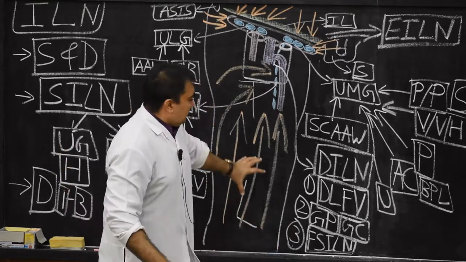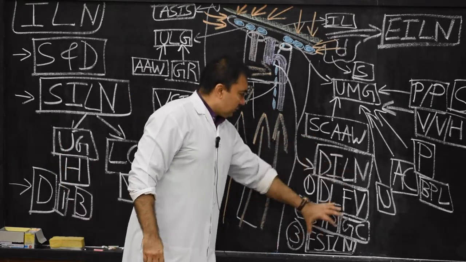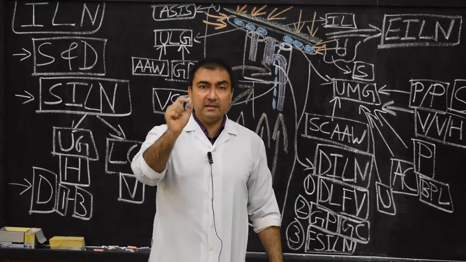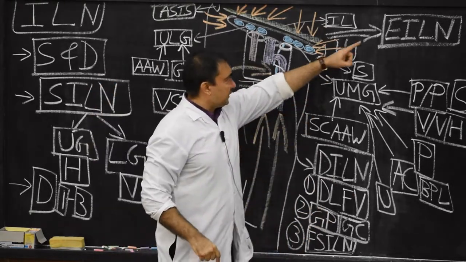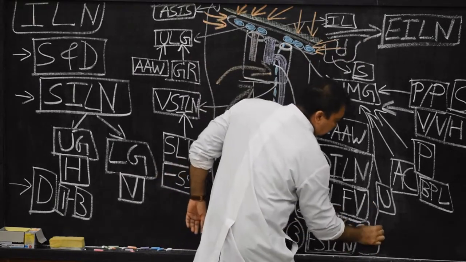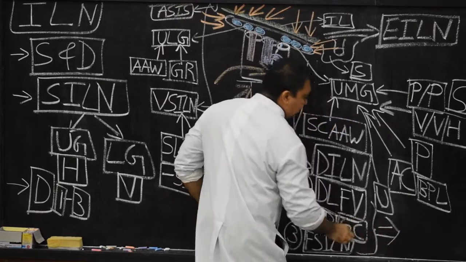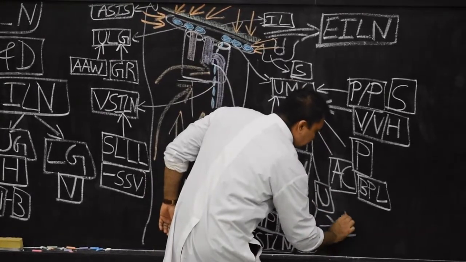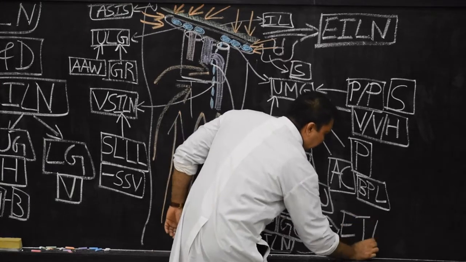Now, the entire deep inguinal group of lymph nodes will drain into the external iliac group of lymph nodes, which I have mentioned here.